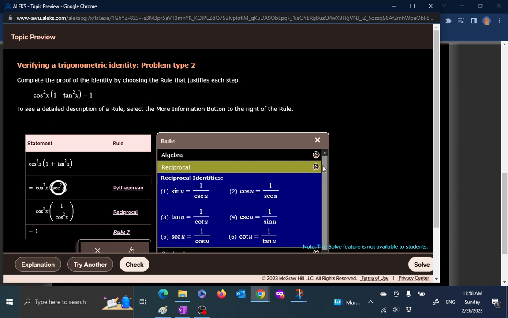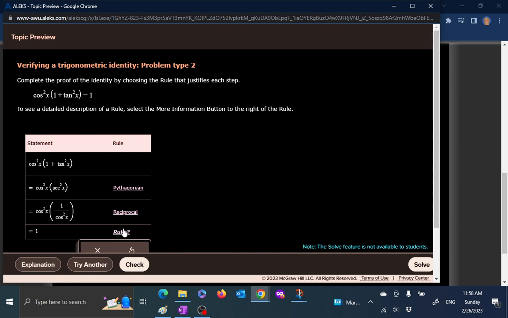So what he does is replace that with this one. In the last stage, cosine squared and cosine squared cancel each other out. And of course that is just plain algebra. It doesn't have anything to do with trigonometry. So over there we choose algebra for the last stage.